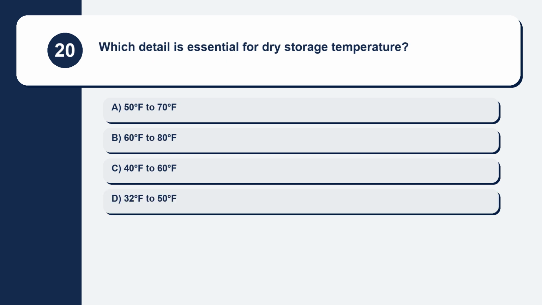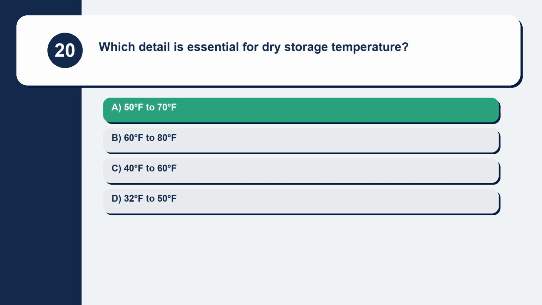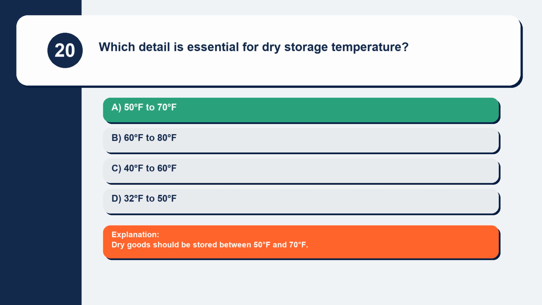Question 20. Which detail is essential for dry storage temperature? 50 to 70 degrees Fahrenheit, 60 to 80 degrees Fahrenheit, 40 to 60 degrees Fahrenheit, 32 to 50 degrees Fahrenheit. Dry goods should be stored between 50 and 70 degrees Fahrenheit.